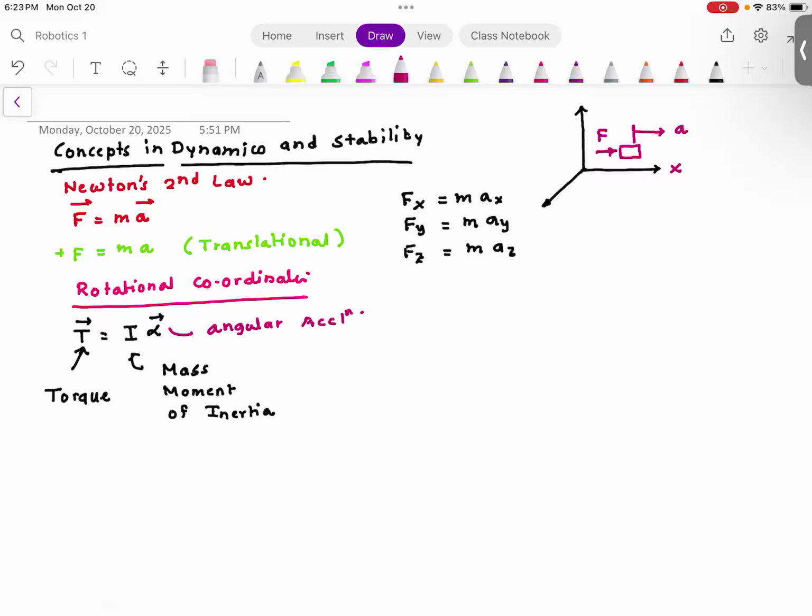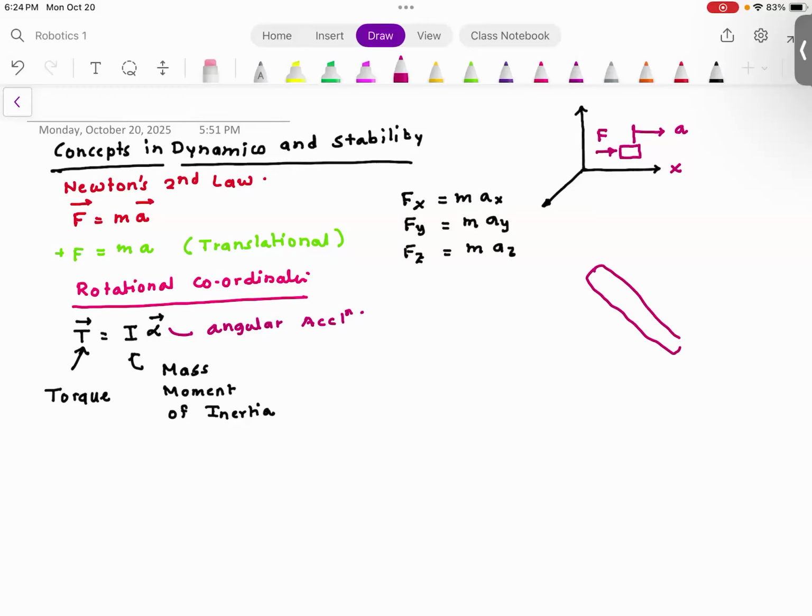Now, I just want to tell you, this is not emphasized, but this equation, torque is equal to I times alpha, is valid only at three points. Say I give you a case wherein you have an object.